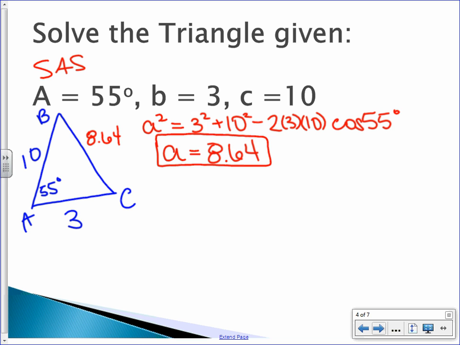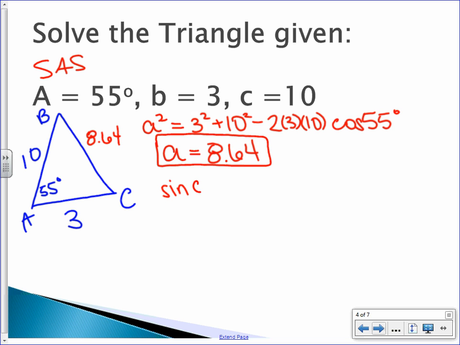Okay? So let me show you what I'm talking about here. What angle would you want to find first after this? Okay? I would always go for the biggest. Okay? So you want to find angle C?